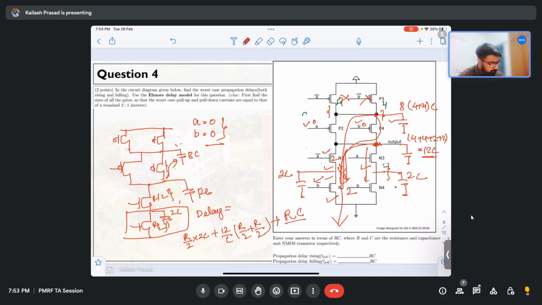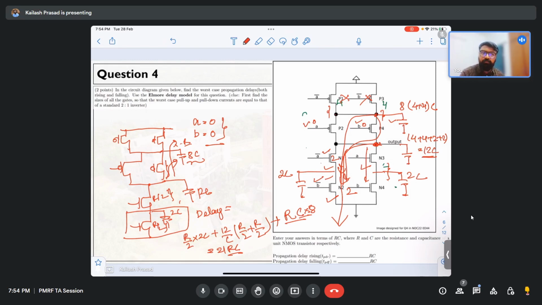It will be 8 times C, right? Because that is the off path. So in the off path, the resistance is R and the capacitance is 8C. If you calculate everything, it will be 21 RC, right? So this is the propagation delay falling worst. What we have done is applied the Elmore delay formula.